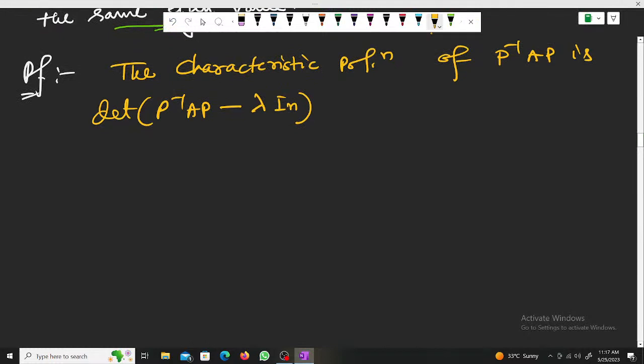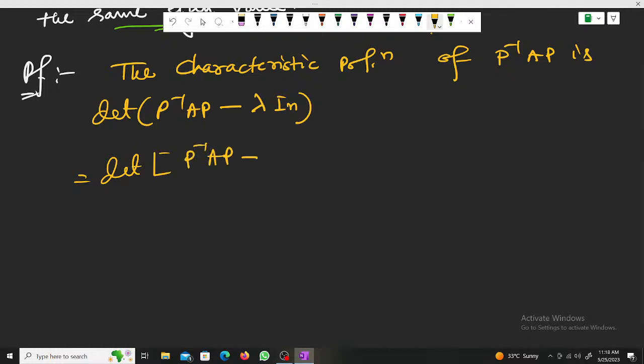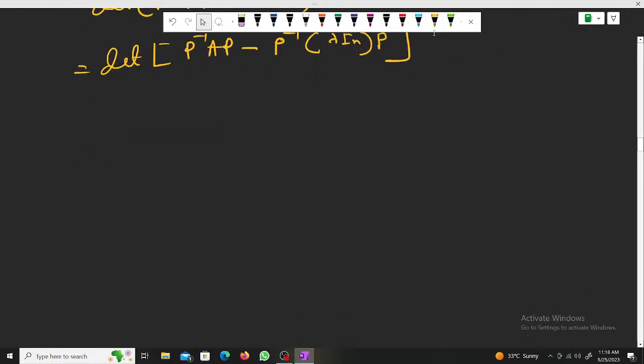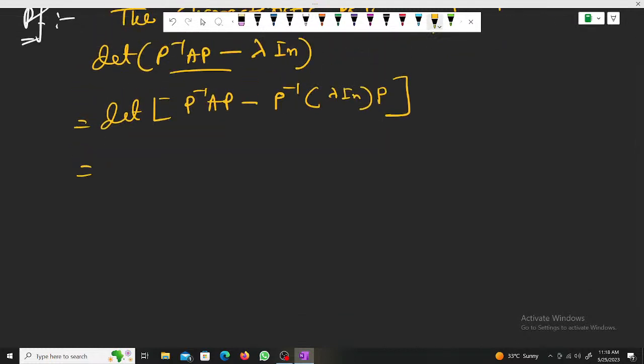Now we calculate this. This is equals to det of P inverse AP minus P inverse lambda I n into P. I just adjusted this and wrote it, meaning this will follow. Why can this be written?